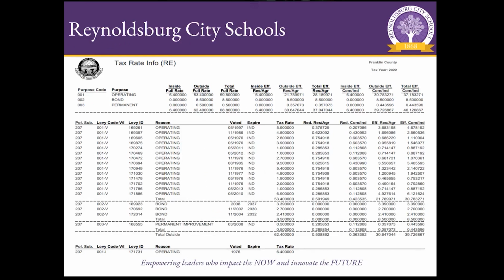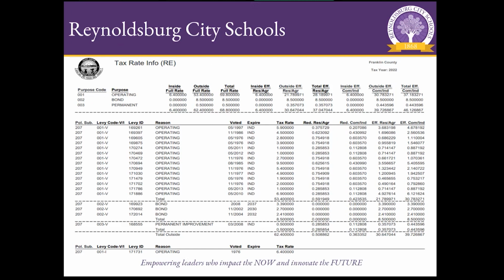So this is a report from Franklin County. This report shows our voted rate and effective rate on our current millage. House Bill 920, which was passed in 1976, was a law that forces districts to continue to go to the ballot in order to increase local property tax revenue.